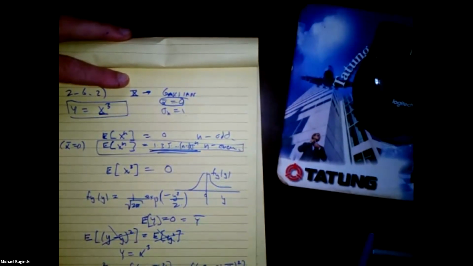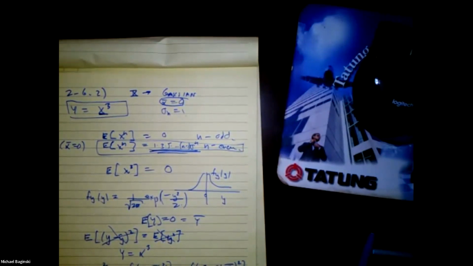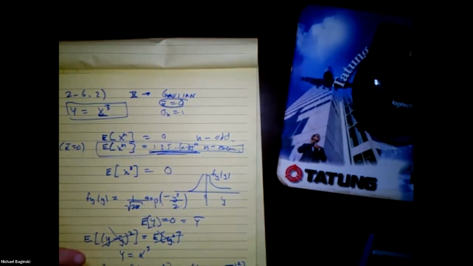I'm sorry I didn't say that a little clearer. Do y'all follow me on how I got that, or why it's true? You with me on this? Because when we're talking about y equals x cubed, the expected value of y squared would be the expected value of x to the 6th, and x has a 0 mean. That's why you can get away with this. Okay, I'm going to go to the next one.